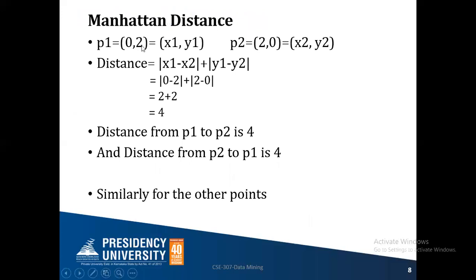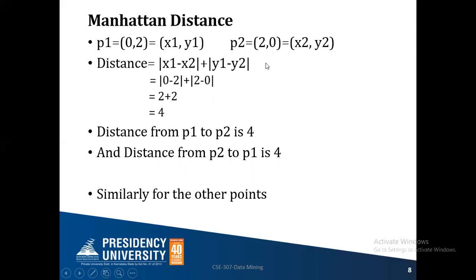So that is nothing but P1 is 0, 2, which is taken as x1, y1. The coordinates of point P2 are 2, 0, which is x2 and y2. Substituting in the formula, because r is equal to 1, the power is 1 and the whole thing to the power 1 by 1.